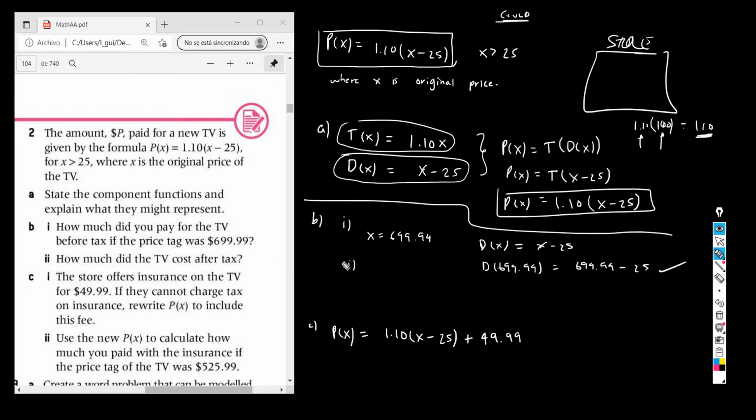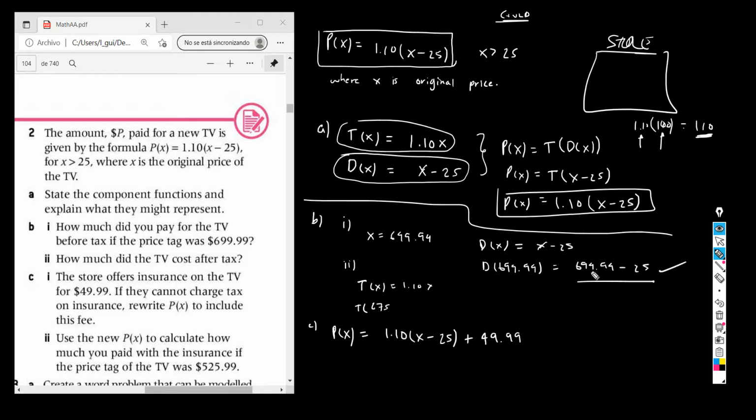That's it. Number 2, how much did the TV cost after tax? Then take this number and multiply it by 1.10. Just take this function t of x equals 1.10x and input this amount of money. I'm just going to round. I'm going to say 700 minus 25, and that's going to be 675.